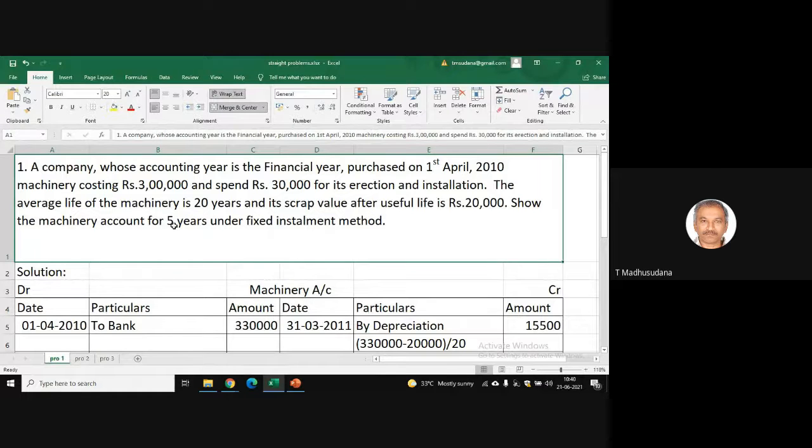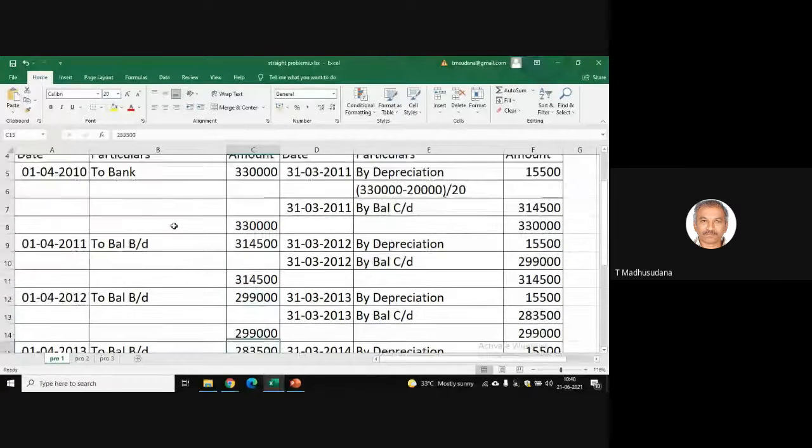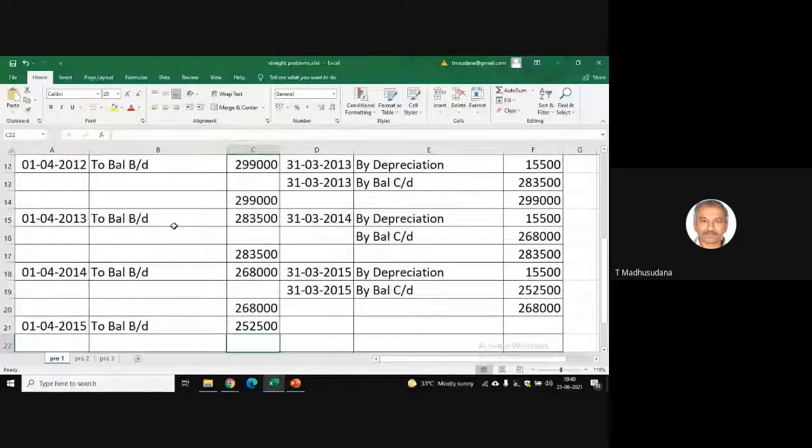Okay. So according to that formula, annual depreciation is 15,500 rupees per year. So like this, you have to solve the problem. Every year you have to show the depreciation and machine value. For 5 years, we are required to prepare the machine account. Therefore, we have prepared the machine account for 5 years. Okay. I think most of you have understood.